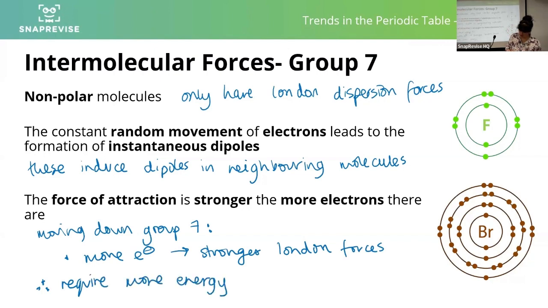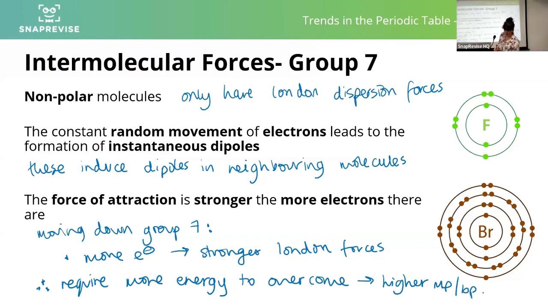And what does that impact? It impacts the melting and boiling point. Higher melting point or boiling point. So the more electrons you've got in a molecule, the greater the dipole can be, and that means the greater the attraction to other molecules can be, and therefore the more energy is required to overcome that attraction, and therefore the higher the melting point or boiling point.